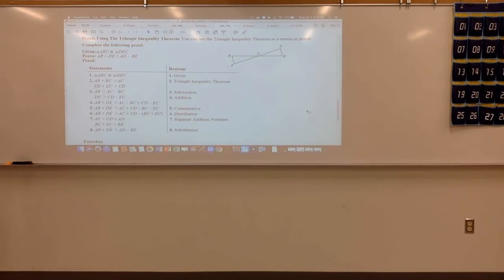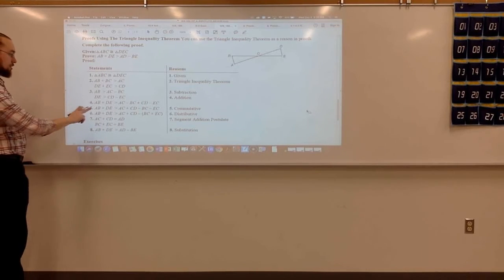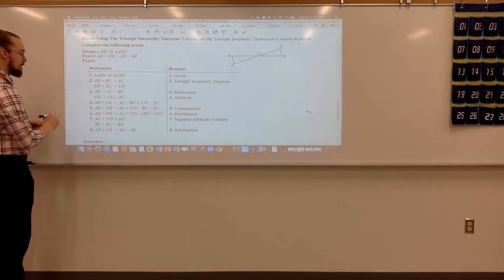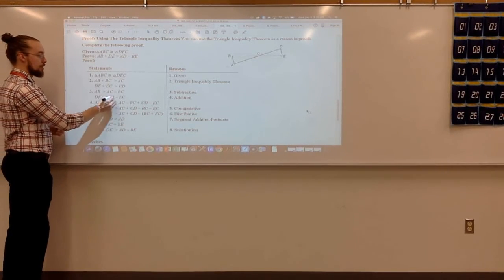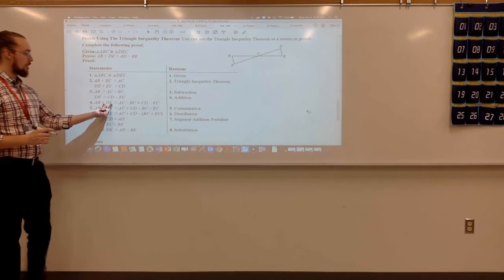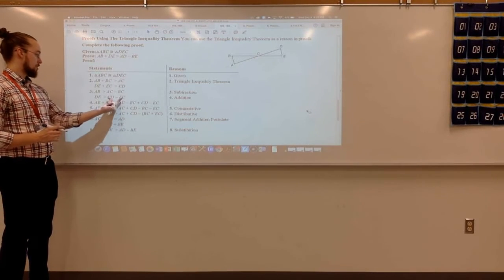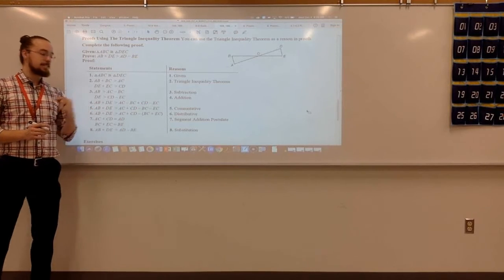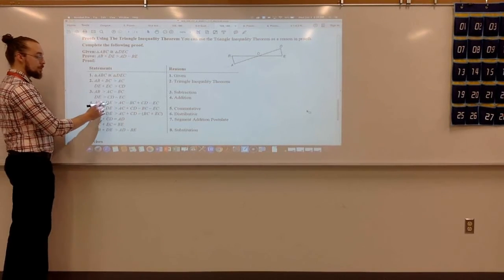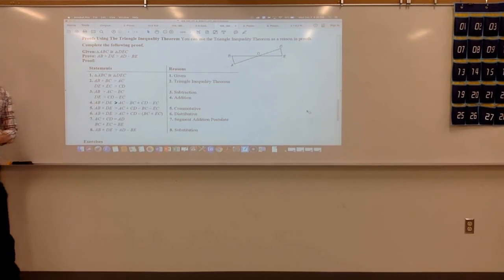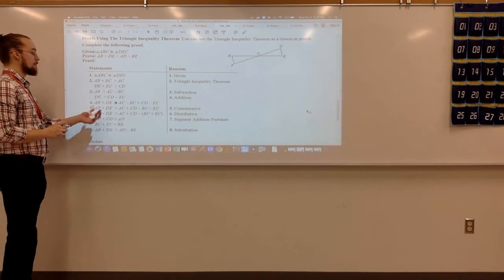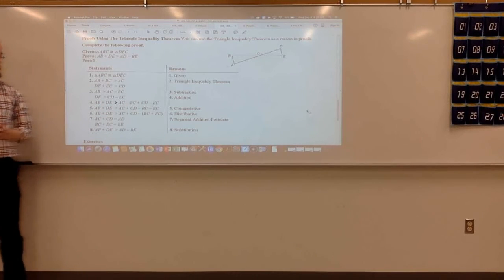For step 4, we're looking at this inequality here, and we added DE to the left side, and then we added this CD minus EC to this side. We can do that because I know that DE is greater than that difference, so this inequality would still hold.